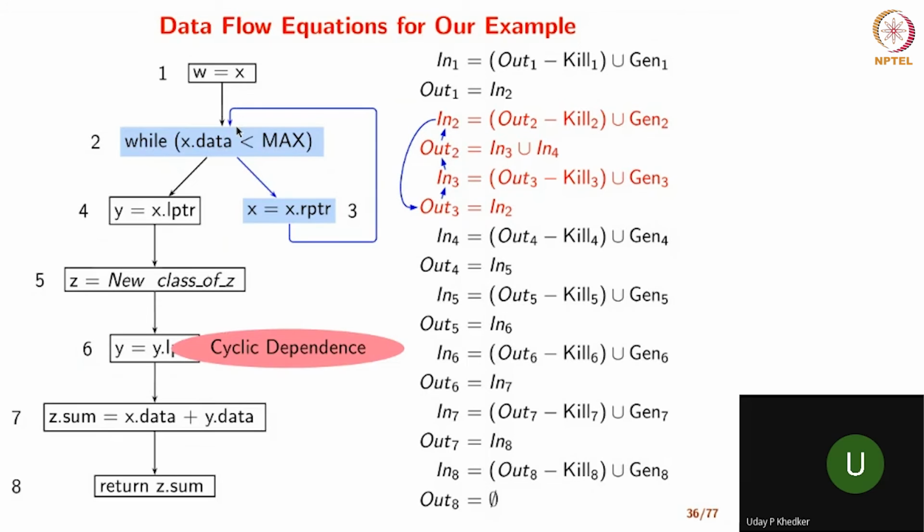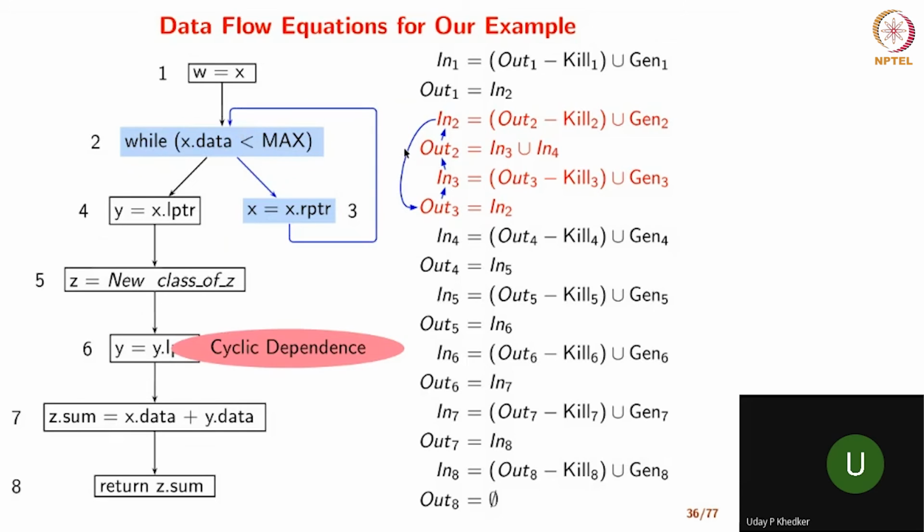If we didn't have loops, we would not have mutual dependence. We would have only one-way dependence. And this mutual dependence is what gives rise to simultaneous equations. We need to solve them simultaneously. We can't say, let's first solve this fully and then we will get the solution of the other.